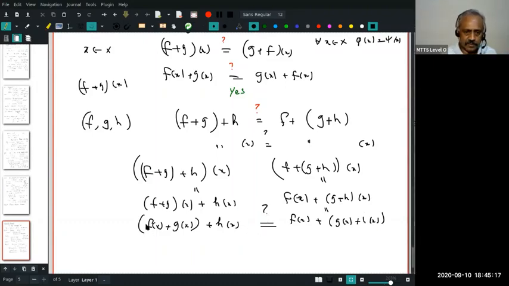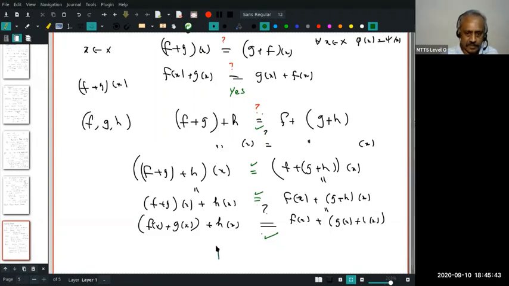Yes, because f x, g x, h x are real numbers. So what does this equality mean? Whether the associativity holds for addition of real numbers. We know it holds. Therefore, this equality holds. Therefore, this equality holds. That means this equality holds. You understood that?